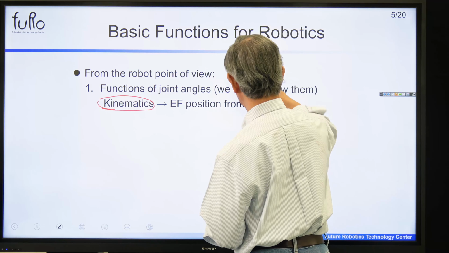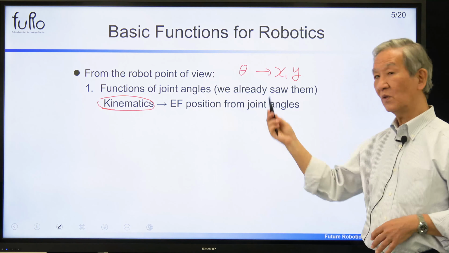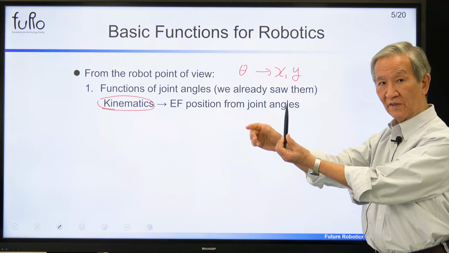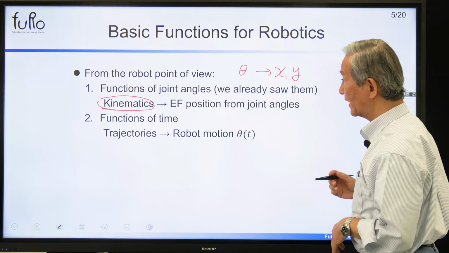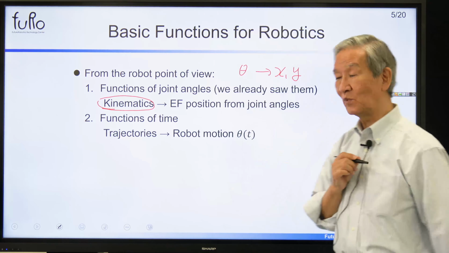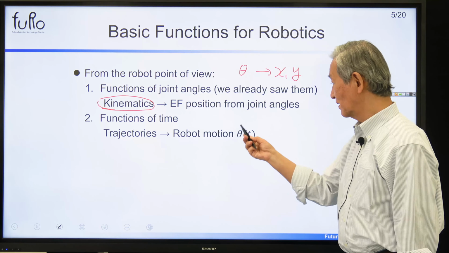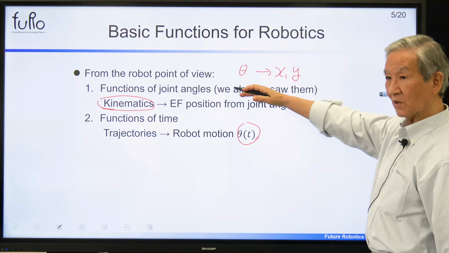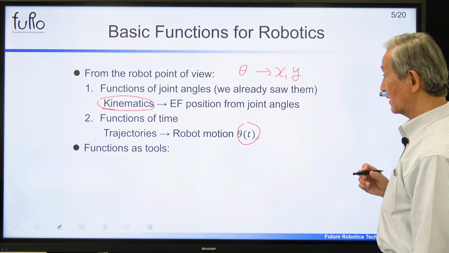So what it amounts to is from theta to x, y. You know the joint angles, and you use that to compute the position of the end effector. That's kinematics. And then functions of time: since the robot does move, trajectories are described by functions of time. So those are sines and cosines and time functions. Those are the two major functions we use.